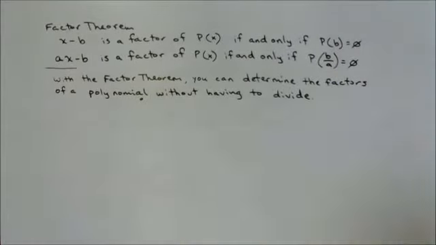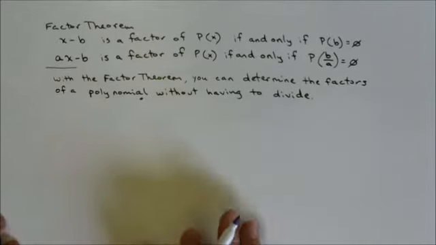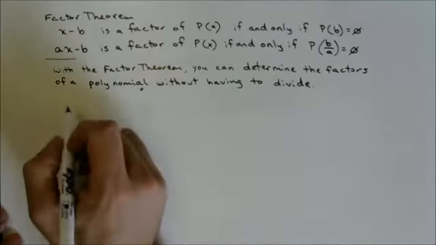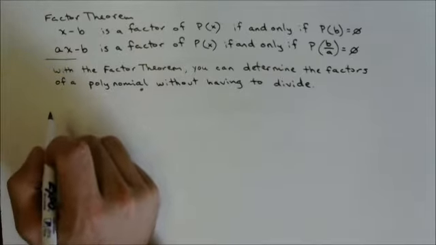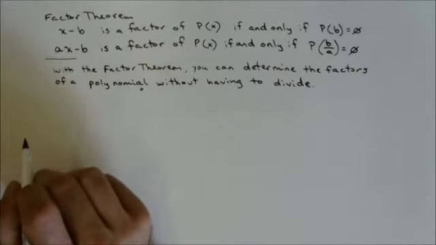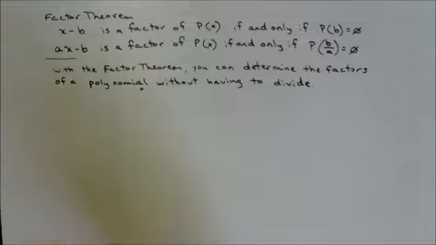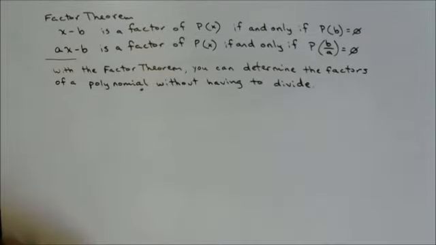We're going to see that as we work through some problems. We're going to jump right into example 1. Example 1 asks, which binomials are factors of the polynomial 2x cubed plus 3x squared minus 3x minus 2?